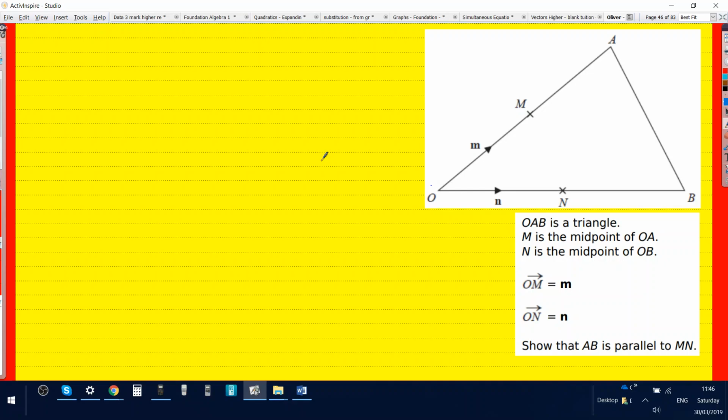Show that, wait, what? AB... right, so... Would you first have to find AB, and that would be minus 2m plus 2n.